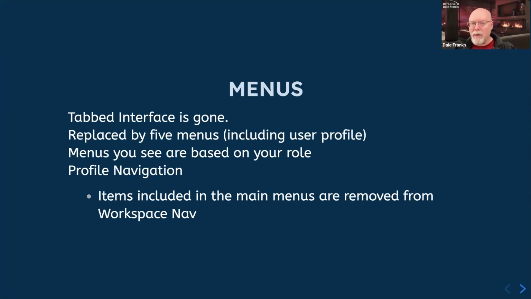Instead, they're part of the permanent menu system. You don't need to show them in the workspace. So we've built in a thing that edits your workspace menu, so it simply doesn't show items that are in the permanent menus. That does give you a lot more extra space now to create your own workspace menus, especially the administrative menu.